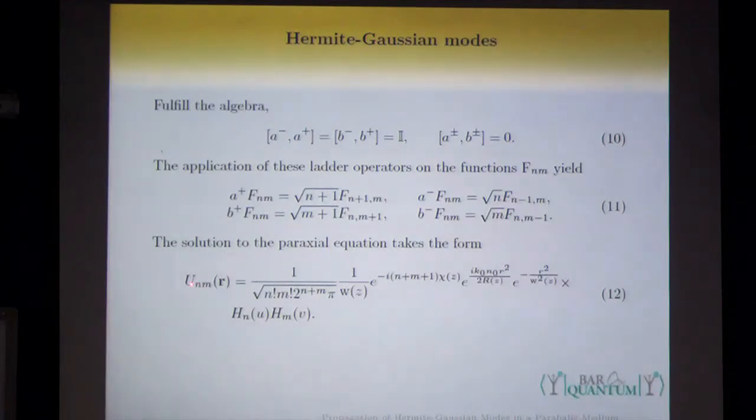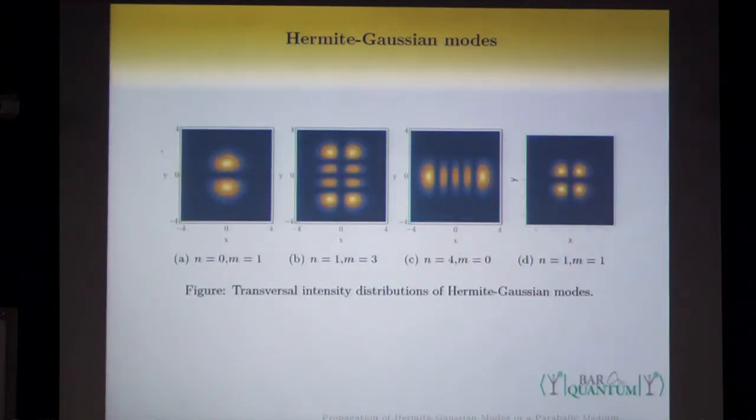We can see these modes are labeled by two labels, n and m, which are related to the x and y axes respectively. In this slide I show some different Hermite Gaussian modes. For example, we can see the label n is related to the nodes in the x-axis, and the label m is related to the nodes in the y-axis.